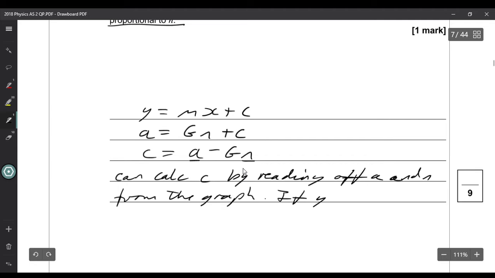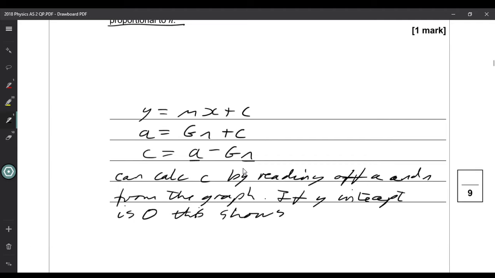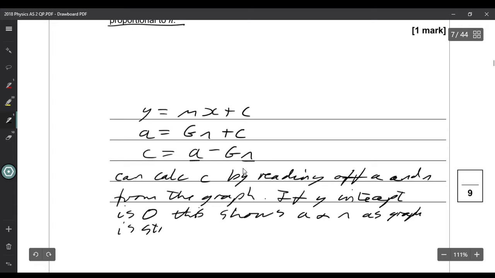If the y-intercept is 0, this shows a is directly proportional to n as the graph is a straight line through the origin.